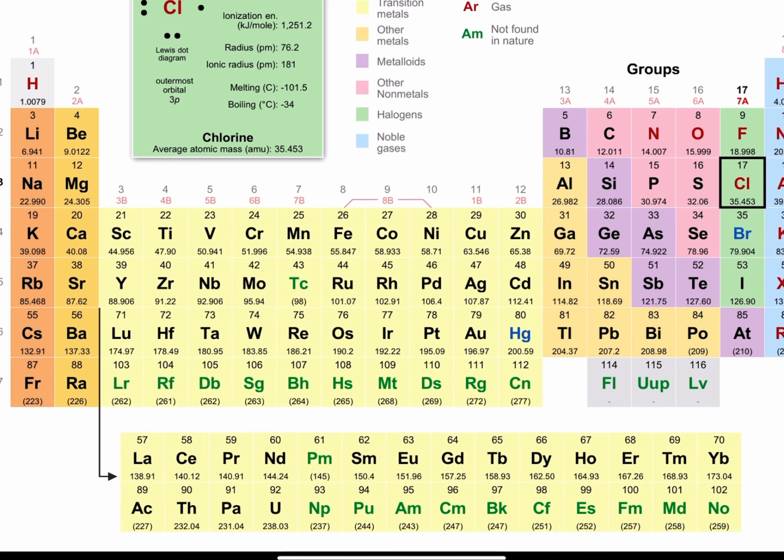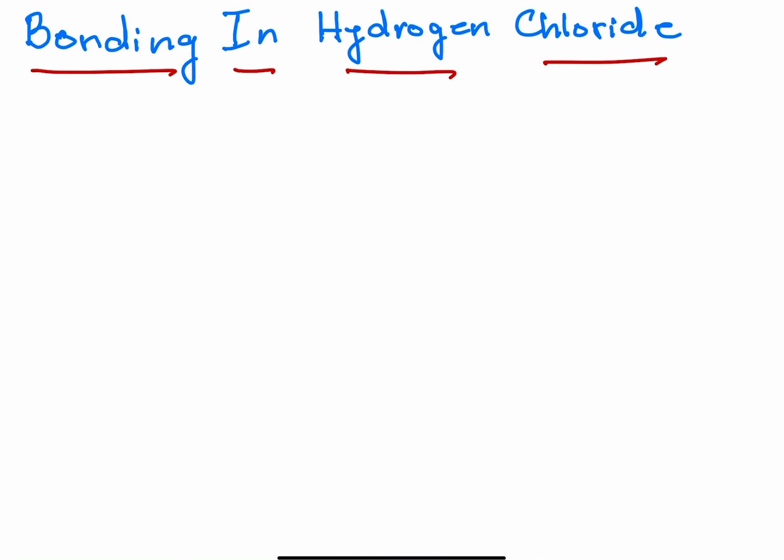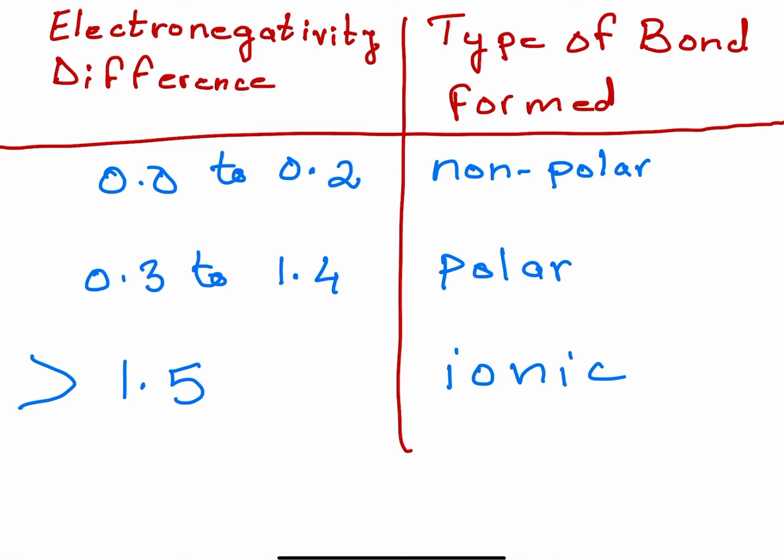So the electronegativity difference between them is 0.96. If we look at the table, 0.96 is between 0.3 and 1.4. So it will be a polar covalent compound.